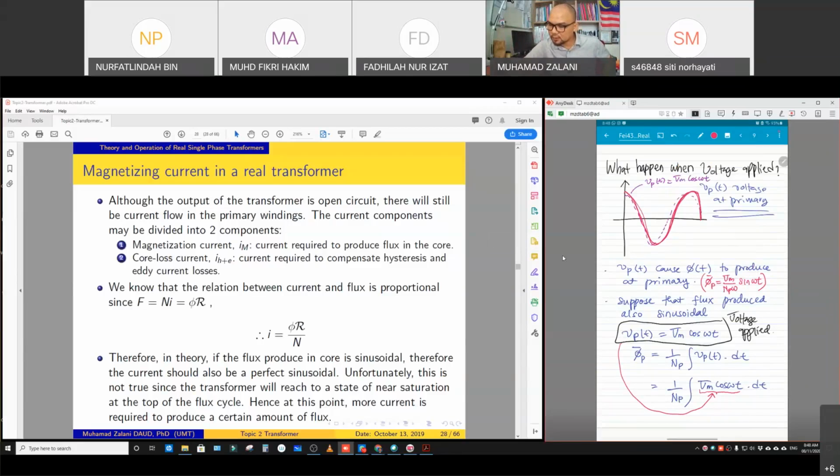This is the voltage. Vp(t) is the voltage applied at the primary. So we apply a voltage which is a cosine function. And we know that this voltage will produce phi, which is the flux inside the coil.